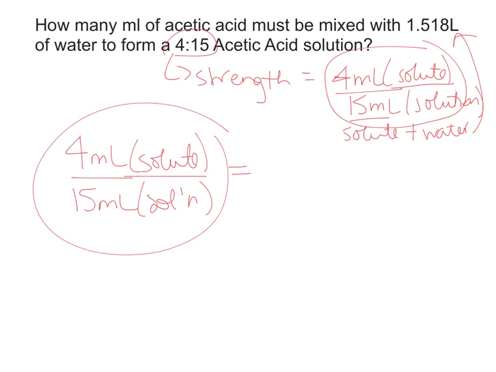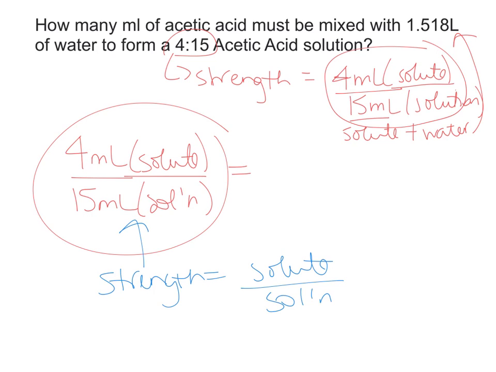So we are going to be using that formula of strength is equal to solute over solution. So we already have put the strength up here. We don't know the solute. This is a mystery, because it's asking specifically how many mils of that would be mixed. So for right now, we're going to leave that as X, or you could say solute. It's totally up to you.